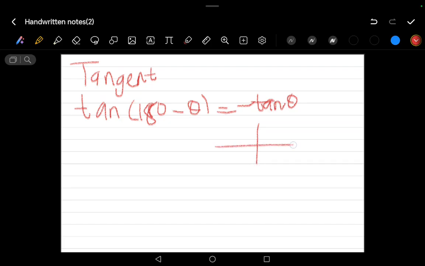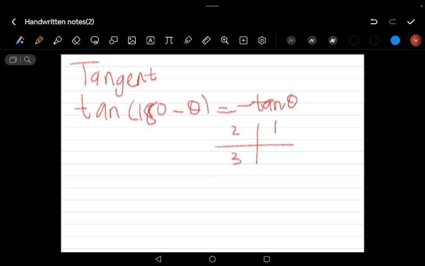The third quadrant, 1, 2, 3. On the third quadrant, which ratio did we say is positive?